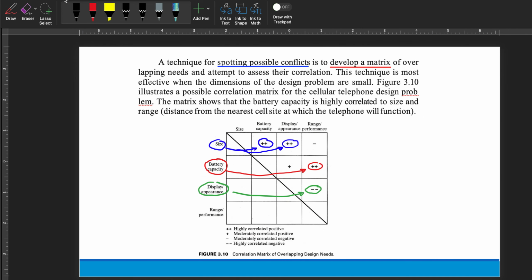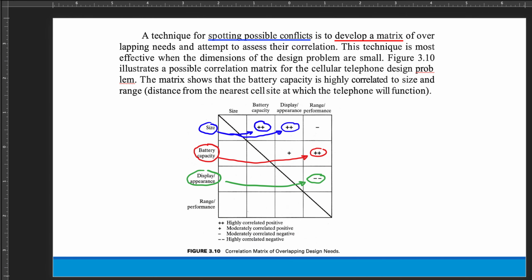So on this diagram, expanding back out here, we could spot possible conflicts between size, battery capacity, display appearance, and range by developing a matrix. This matrix is basically illustrating some strong correlation, medium correlation, and even negative correlation between these different factors. For example, we just mentioned size and battery capacity.